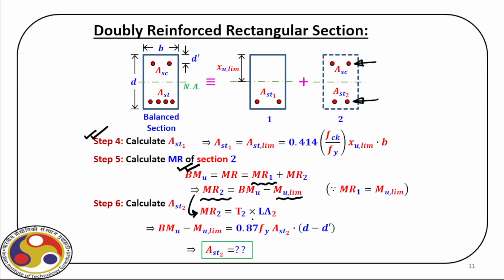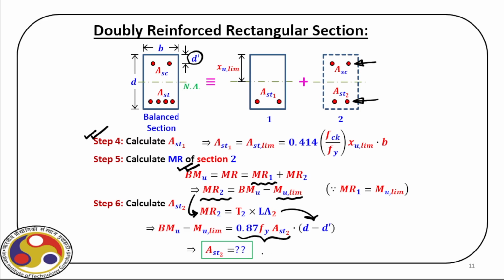This additional sectional capacity will be T2 times LA2. T2 is nothing but 0.87 Fy times AST2, and the lever arm is d minus d prime. From this equation, we can calculate AST2, because that is the only unknown we have.